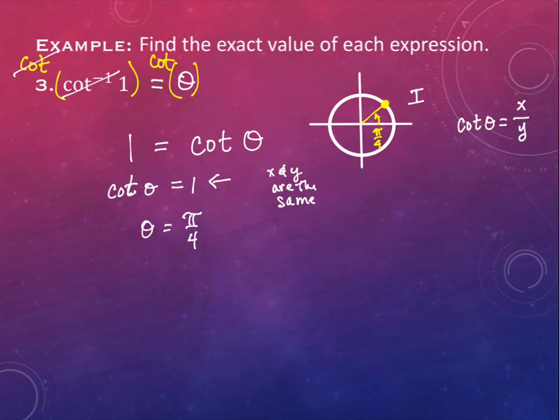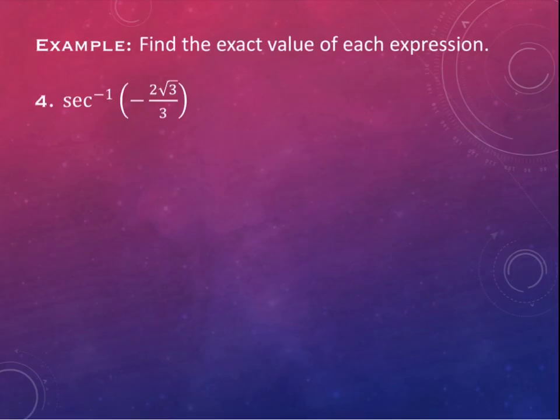So you might look at that and think, all right, Dr. Hans, that's sort of cheating. I mean, 1 was a pretty nice value. We could look at that and figure out 1 pretty easily. Divide something by itself, we get 1. What if it's not quite so nice? So let's do one of those too, where it's a little bit less clear what's going on. That one's a little uglier.